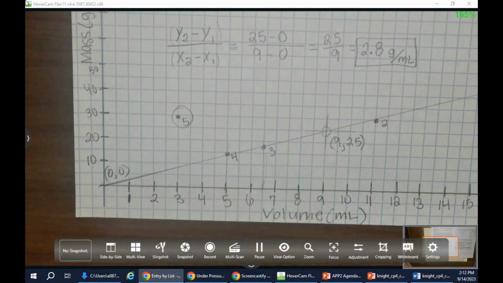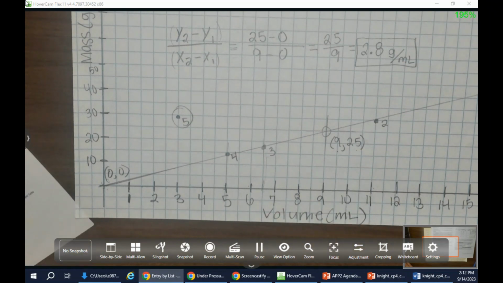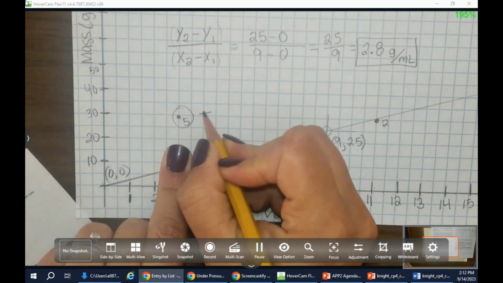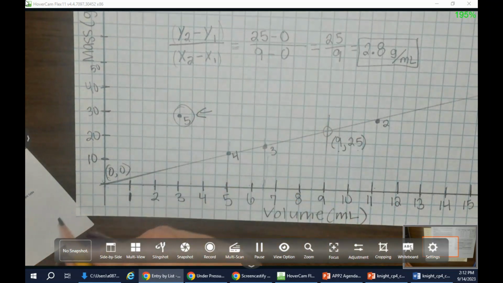Okay. So now that I have that, now I can start looking at my post-lab questions. Okay, so it says in your post-lab to make sure you calculate your density, use your density equation to find your fifth metal. So we know density of our fifth metal was a different value. So for me, mine was 9.5.